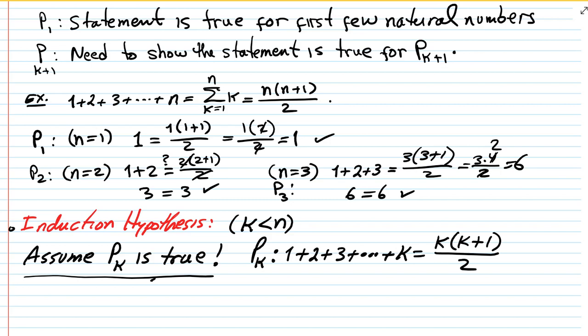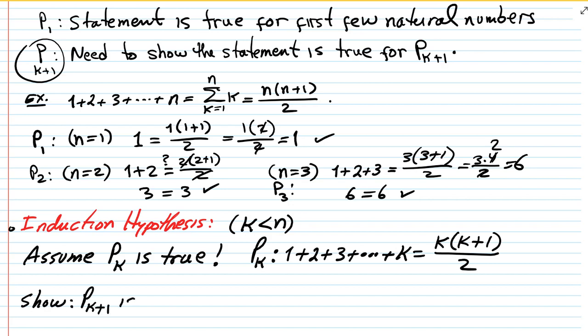Now, the next condition is we need to show that P sub k plus 1 is also true. That means the statement is going to work up to k, and it's also going to work for the next one after that. Now this k is less than n.